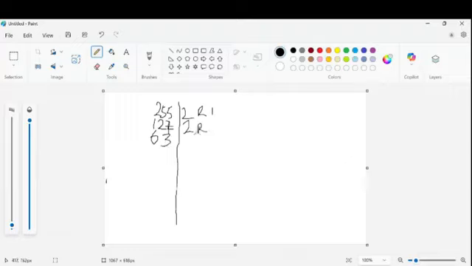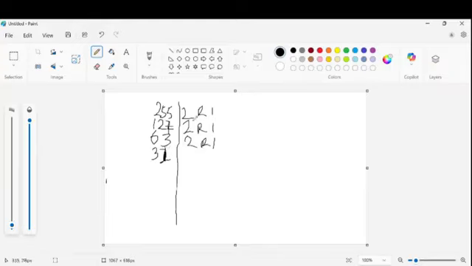Divide 63 by 2, you have 31, remainder 1.